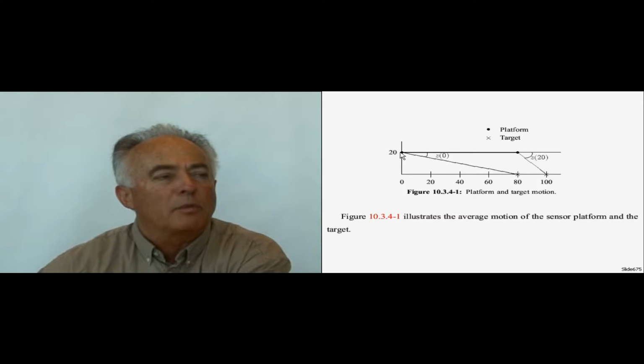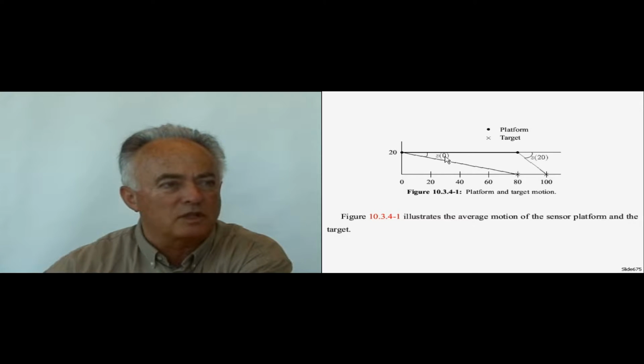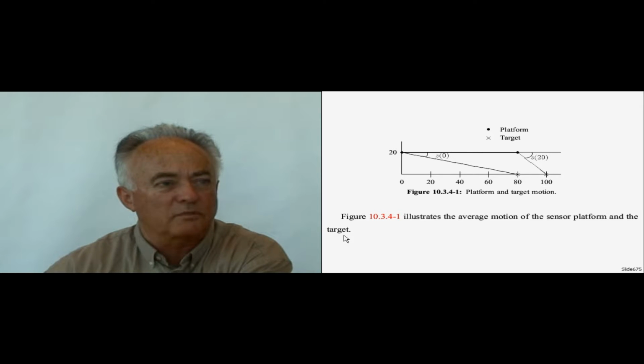The platform with a sensor comes from behind the target effectively and measures the depression angle, the angle below the horizontal of the line of sight between the platform and the target. So the initial measurement is Z of 0, and the last measurement will be Z of 20. And again, these are approximate positions because that's a noiseless version. So this is the average motion of the sensor platform and the target.